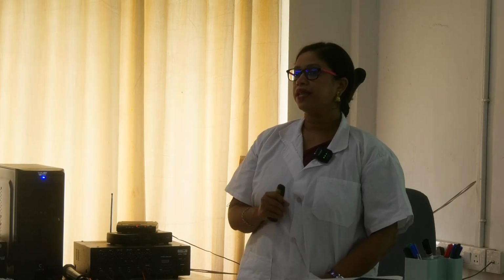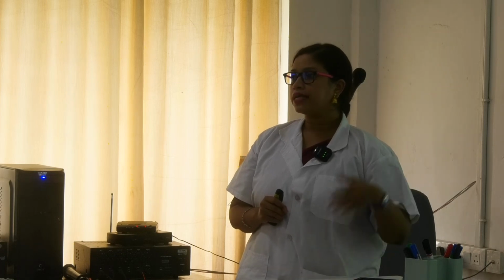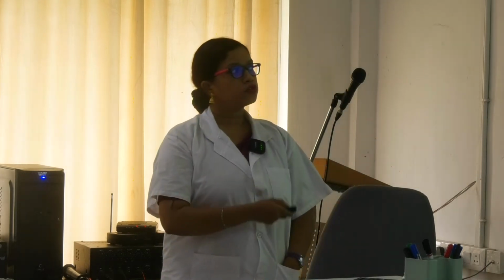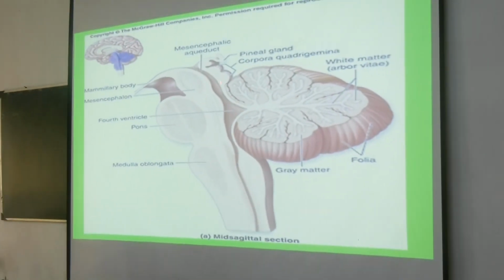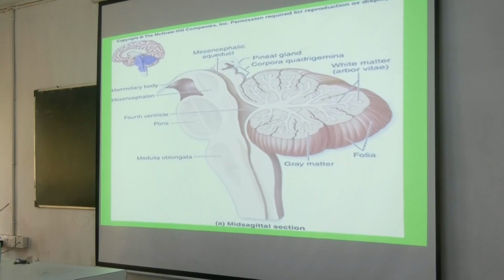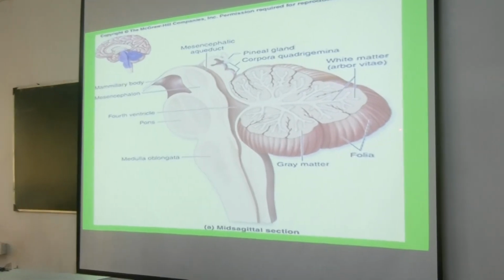Okay, now tell me one thing. This cerebellum has got connection with whom? Cerebellum's connections. So that is the brain stem. You could see, these are known as the peduncles. Right? What is this? This is the superior cerebellar peduncle, middle cerebellar peduncle, inferior cerebellar peduncle.